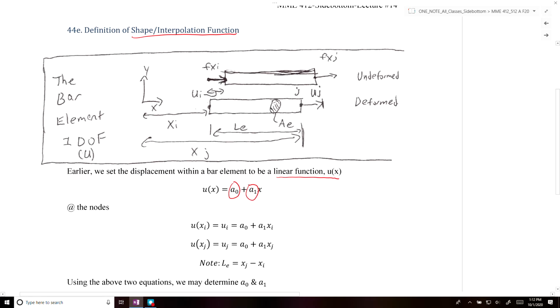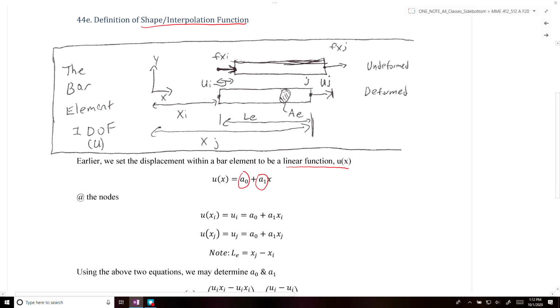At the nodes of our system, we would have two known displacements: u of i and u of j. They would be equal to those unknown constants, a naught plus a1 times the location x of i.